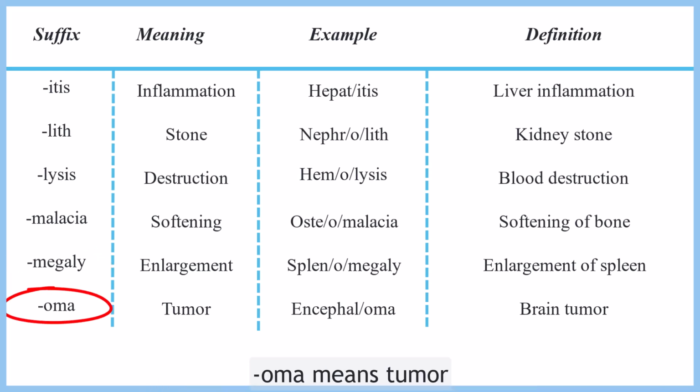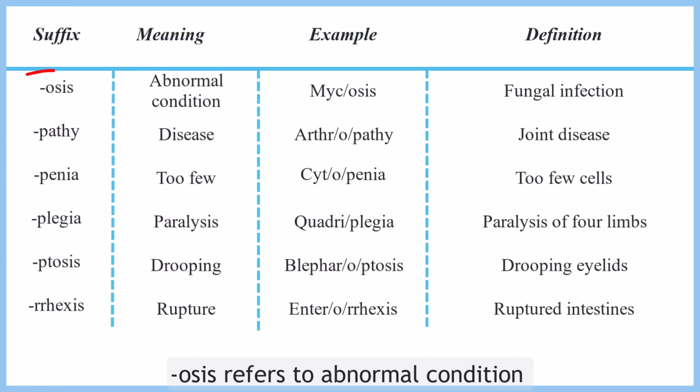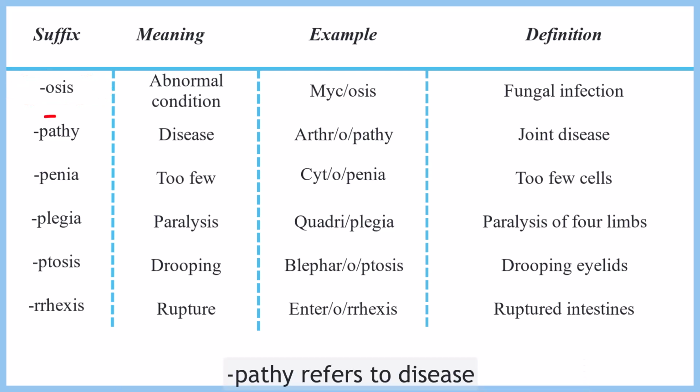Oma means tumor. Encephaloma, brain tumor. Osis refers to abnormal condition. For example, mycosis means fungal infection. Pathy refers to disease. Arthropathy refers to joint disease.